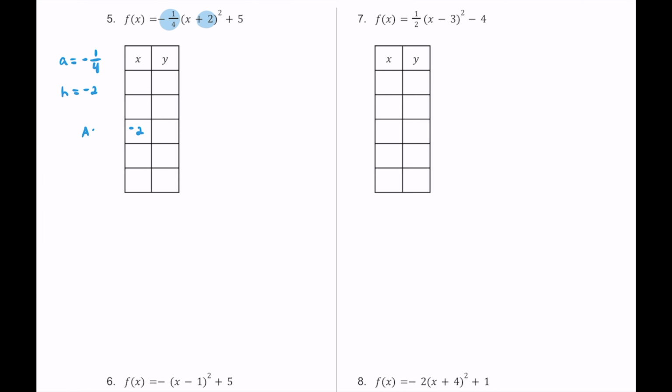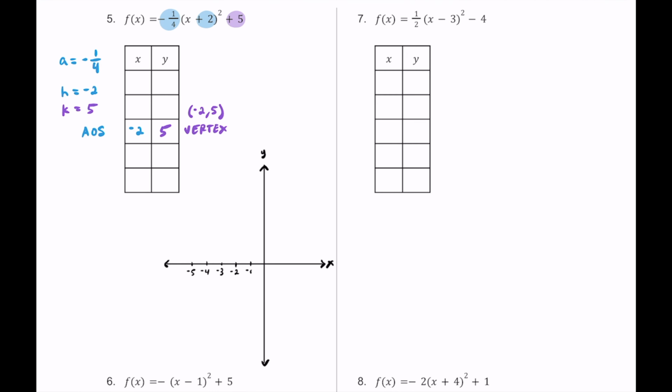So this is going to be our AOS. x is equal to -2. And then finally, this +5 over here lets us know that k is going to be equal to +5. And again, that's just the y value of our vertex. So our vertex is going to be located in the middle of our table as usual. And then this ordered pair for the vertex is (-2, 5).